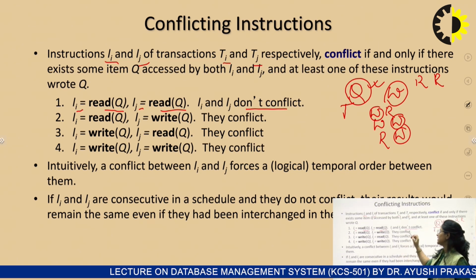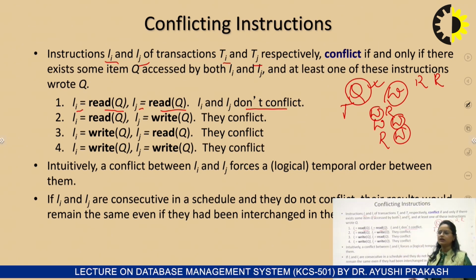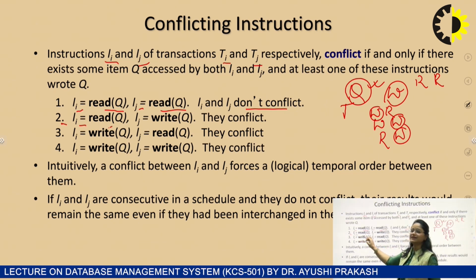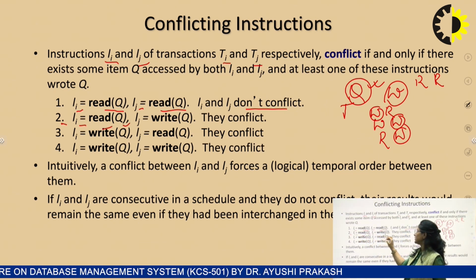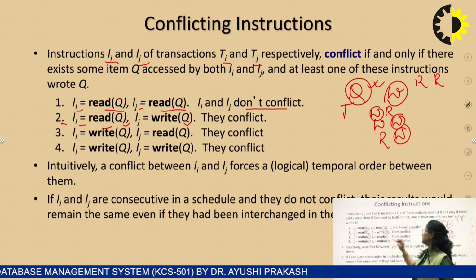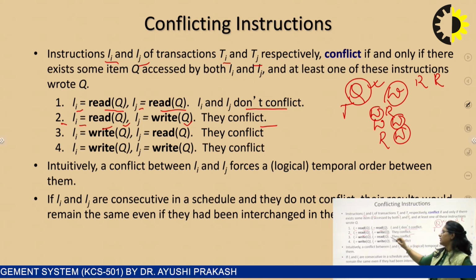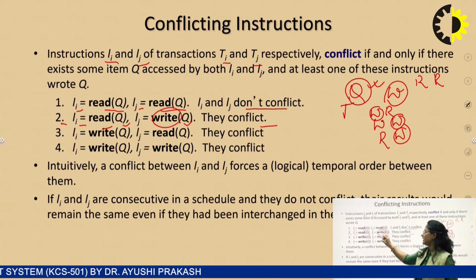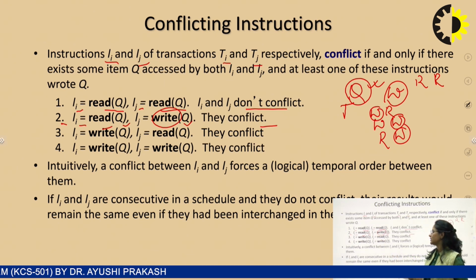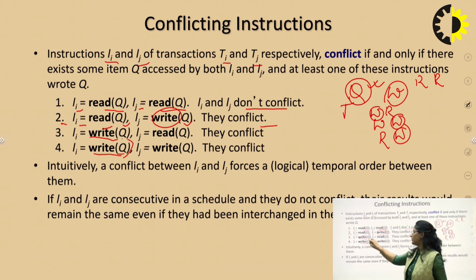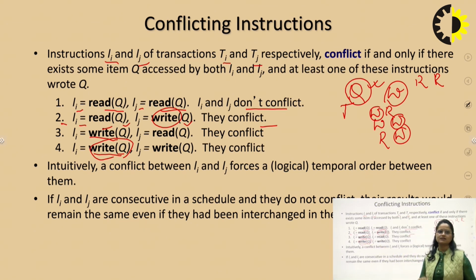In case 2, Ii is a read and Ij is a write on the same data item, so there is a conflict, because there is one write. Again, here we see one write in both operations. And here we have two writes, but because we have at least one write, we can say it is a conflict.